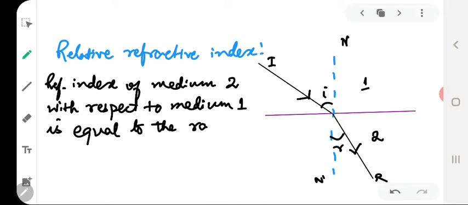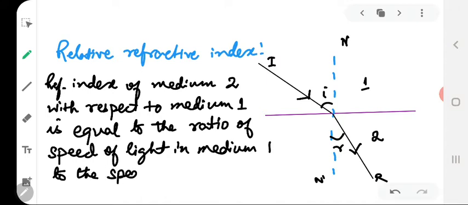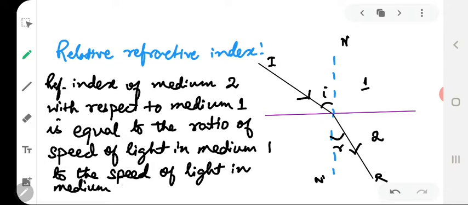the ratio of speed of light in medium 1 to the speed of light in medium 2.